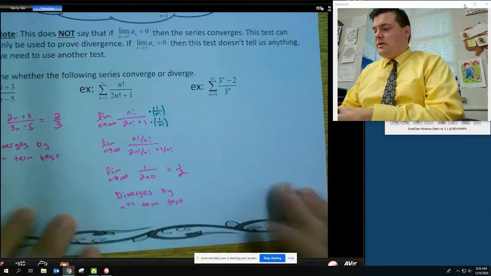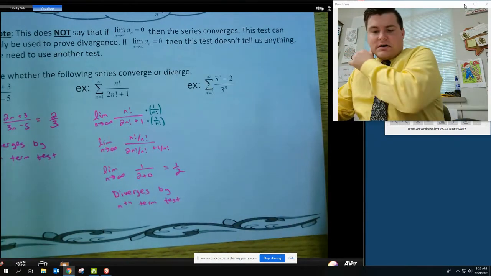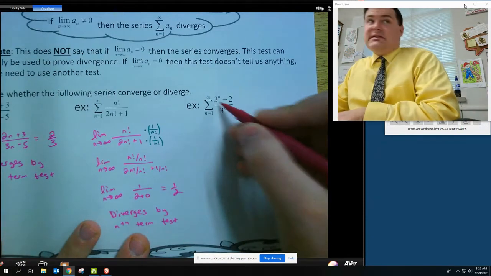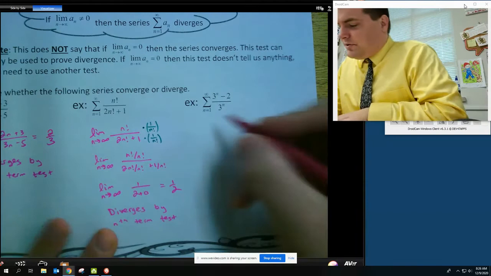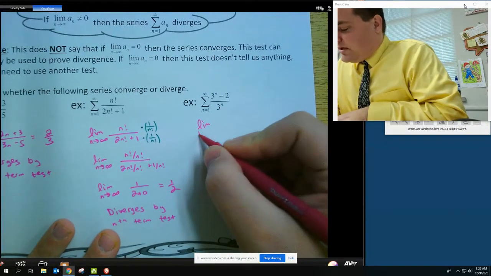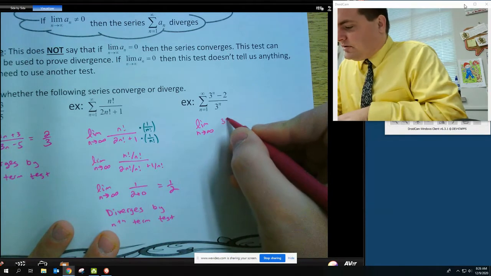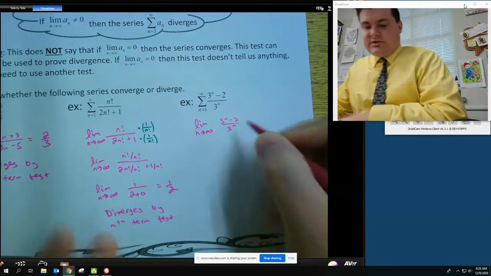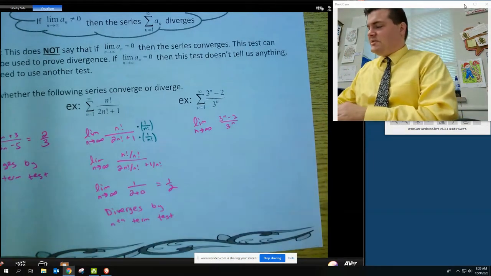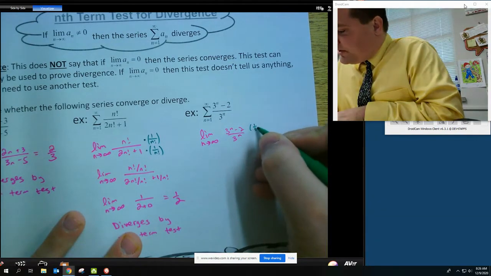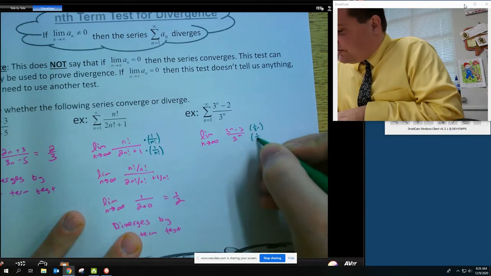Okay, last one here. Again, look at the rates of growth. It's growing the same at the top and the bottom. Because of that, my limit will equal the coefficients, which is actually going to be 1. I'll just show you the work here in green. So 1 over 3 to the n, 1 over 3 to the n.